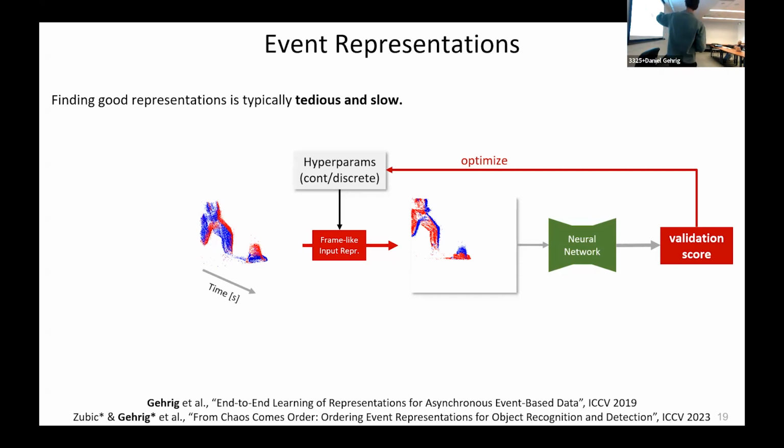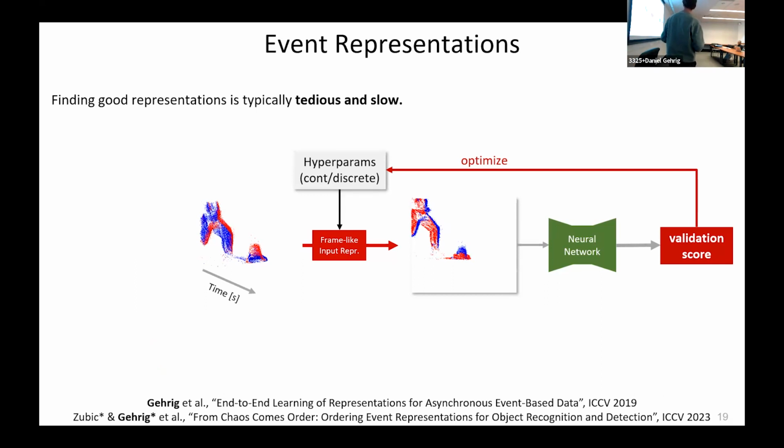This is a nice cycle, but it's quite slow because you have to train a neural network each time you want to change your input representation. It also means that your result is basically dependent on your network.